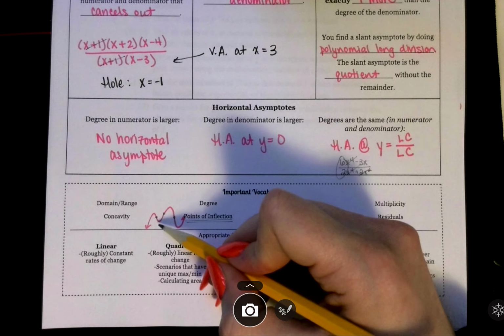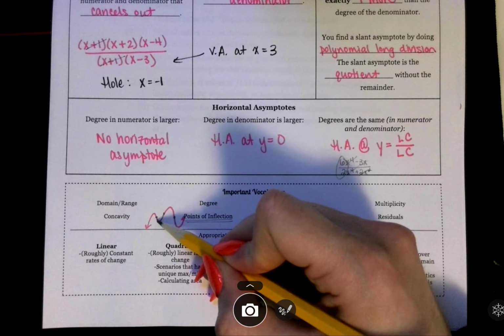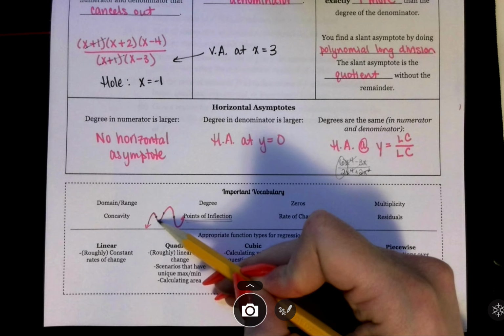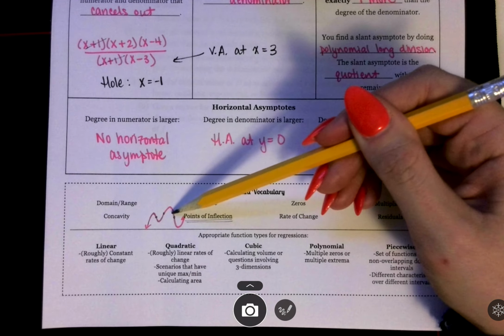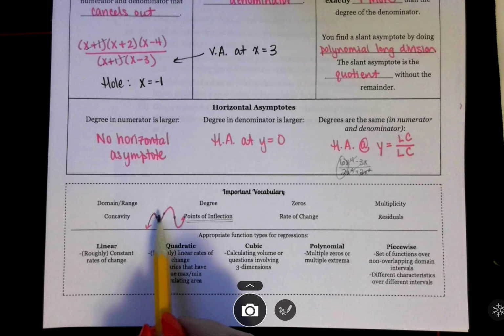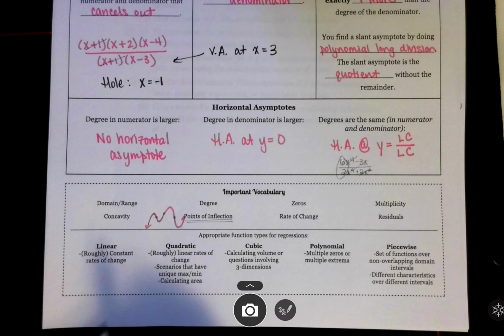It is halfway between a max and a min. And this would be concave down, this would be concave up, concave down, and concave up. So our points of inflection is when our concavity switches, which also has the steepest part of your graph. So like the fastest rate of change happens at your inflection points.